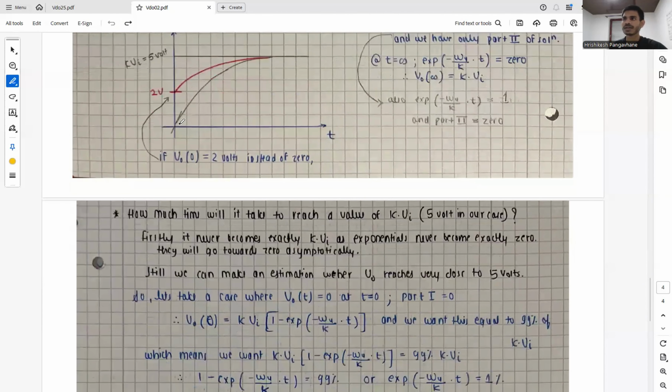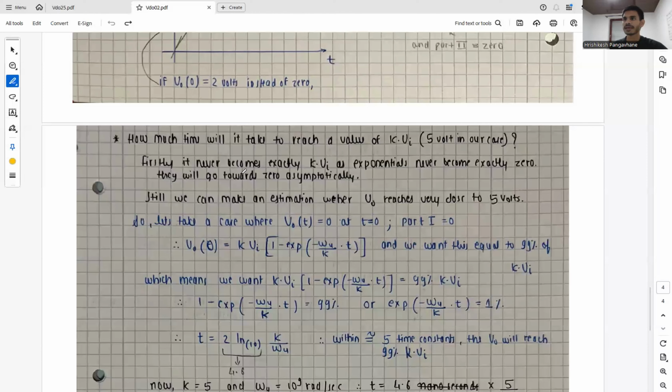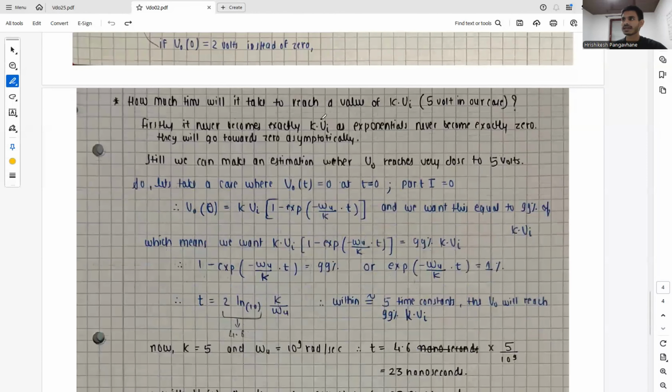So how much time does this transient response take? Firstly, it never becomes exactly k times vi, as the exponentials never become exactly zero, and they will go towards zero asymptotically. Still, we can make an estimation where v naught reaches very close to 5 volts. So let's take a case where v naught at t equals 0 is 0.